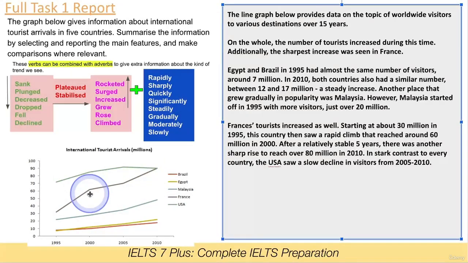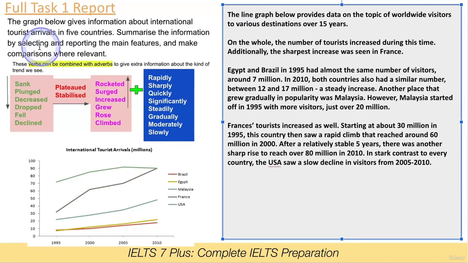After a relatively stable 5 years, there was another sharp rise to reach over 80 million in 2010. In stark contrast to every country, the USA saw a slow decline in visitors from 2005 to 2010. Okay, so we've included figures, brilliant language.